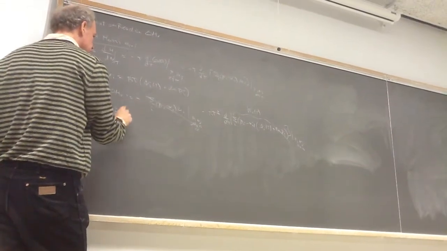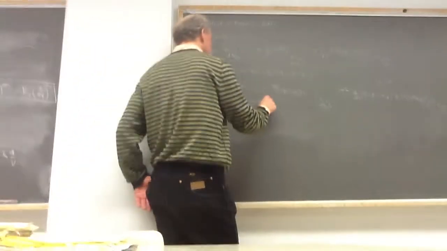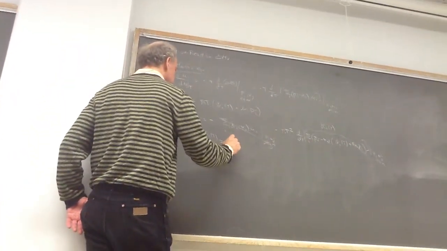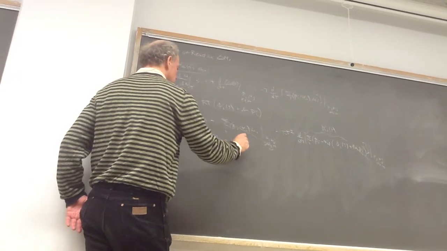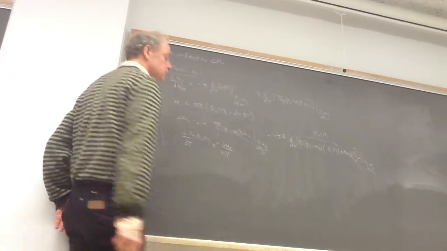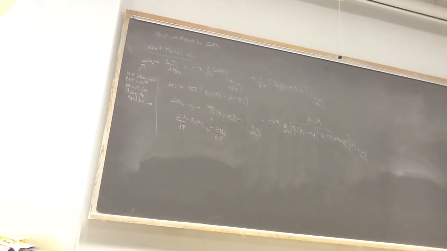So I have d/dT of log Ka of T is equal to 1 over RT squared times delta HR. And I seem to have an extra minus sign.